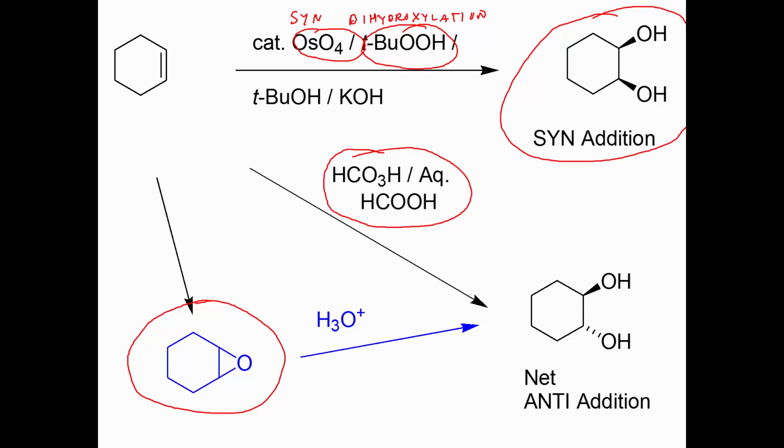And remember that this is a meso compound, so it really doesn't have any stereochemistry. But let's just have it attack from the bottom. We're protonating it. It attacks from the bottom. And we set up the trans relationship.